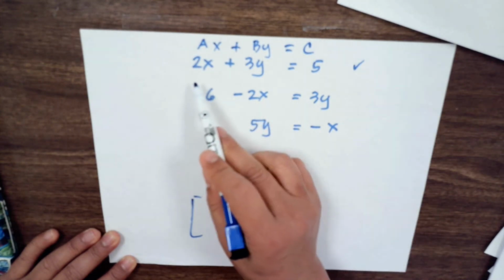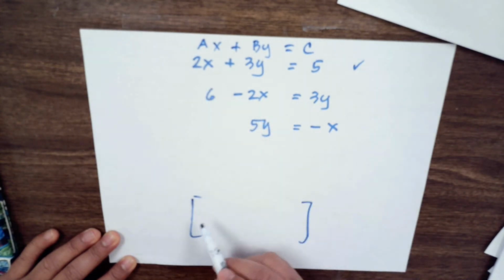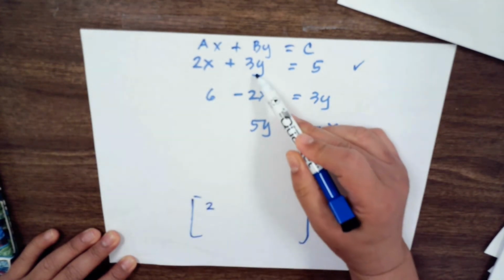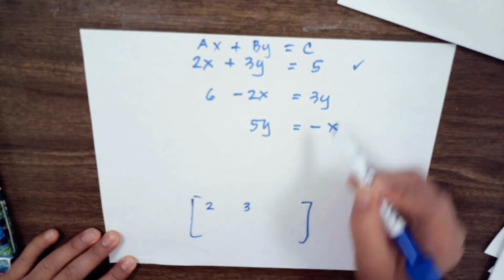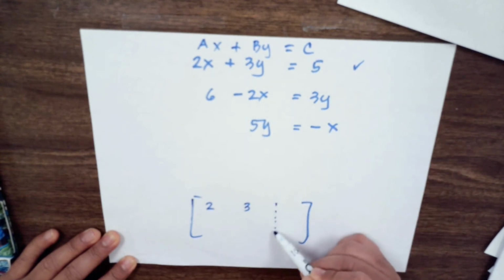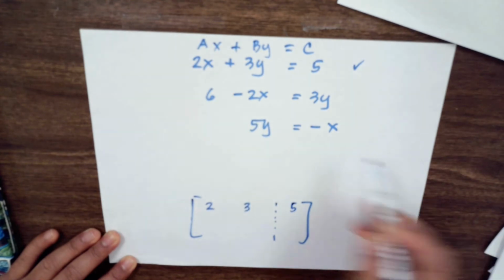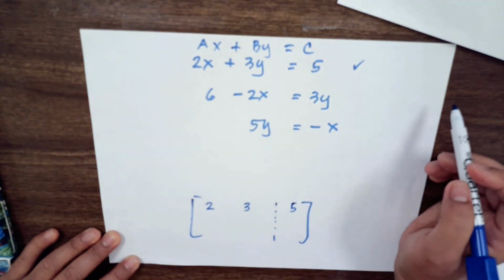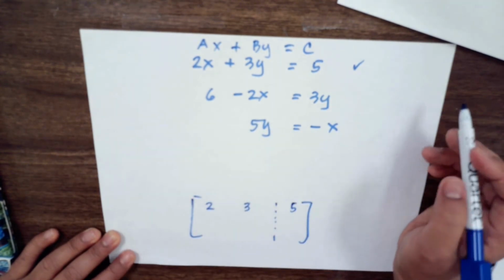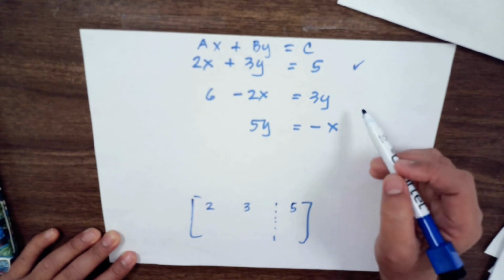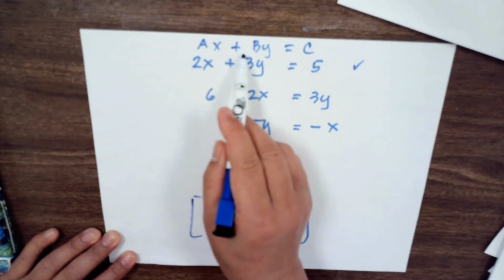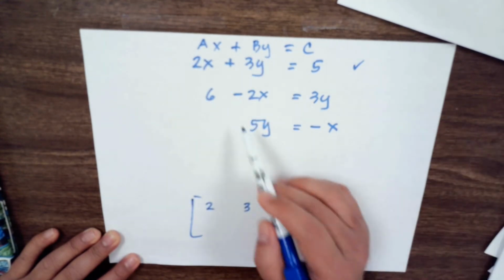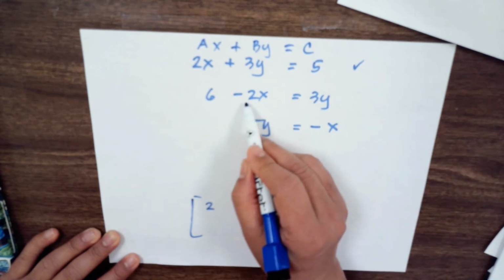For this, that would be for the x term 2, and for the y term 3, and our constant value is 5. In the second equation, it's not in standard form, so what we will do is put it in standard form, in the form ax plus by equals c. So it means that we will have to write x first.